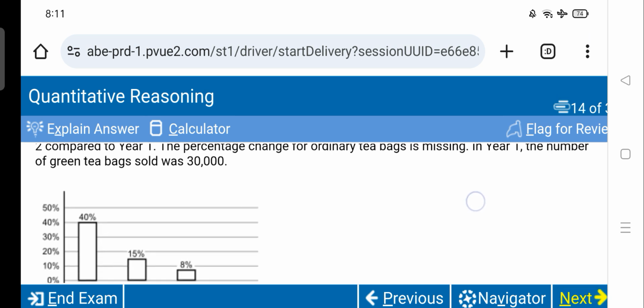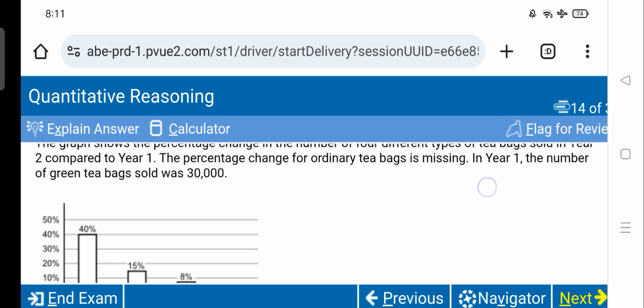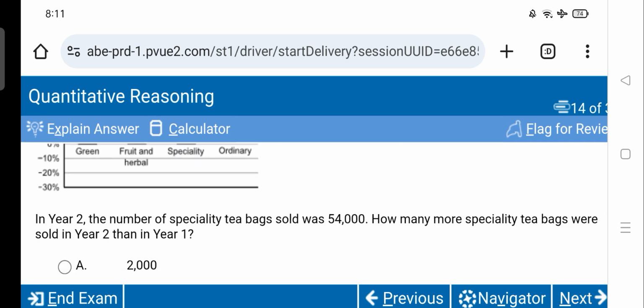Next, again we have the same information given with the same chart. The question is that in year 2, the number of specialty tea bags sold was 54,000. How many more specialty tea bags were sold in year 2 than in year 1?